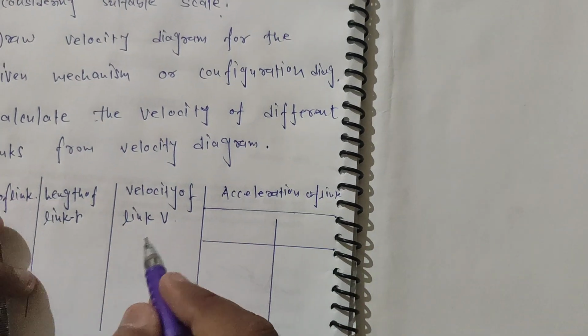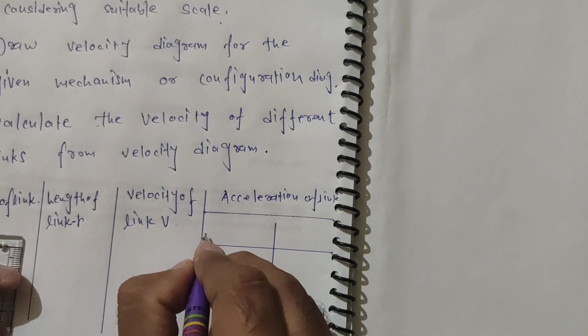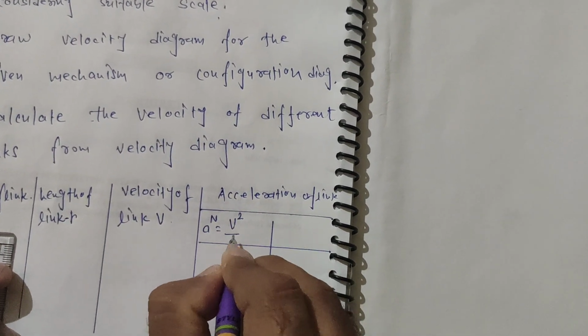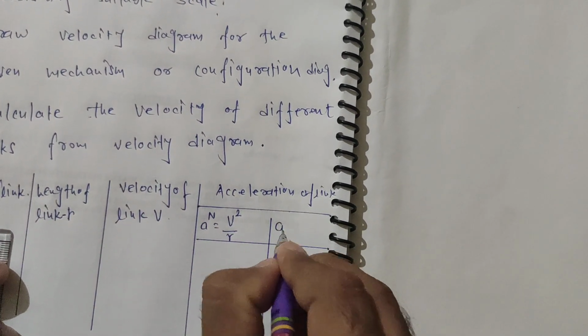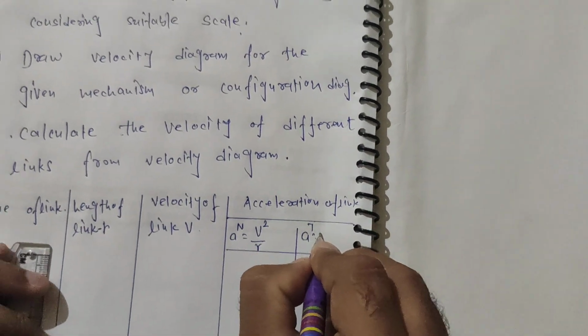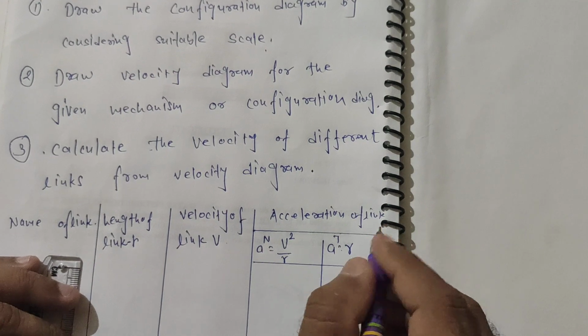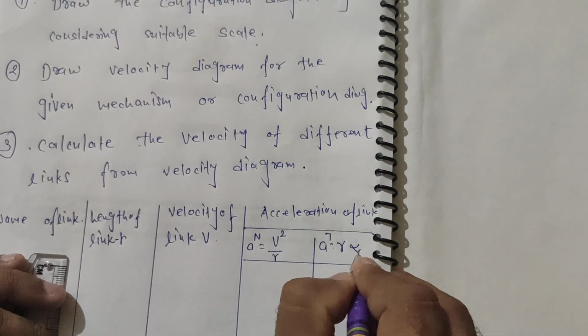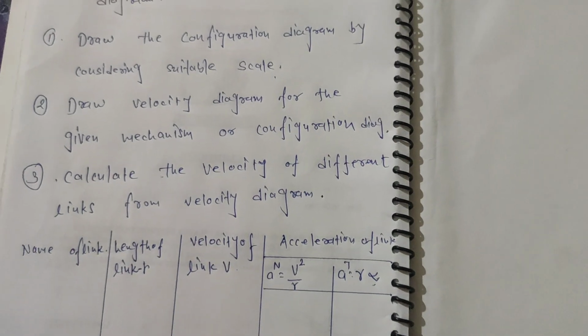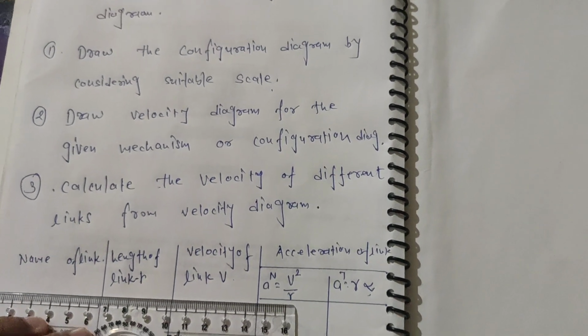So we have to write down over here for the normal component a_n equals v square upon r, and for the tangential component a_t equals r alpha, where r is the length of the link and alpha is the angular acceleration. Okay, so in this way we have to prepare one table.